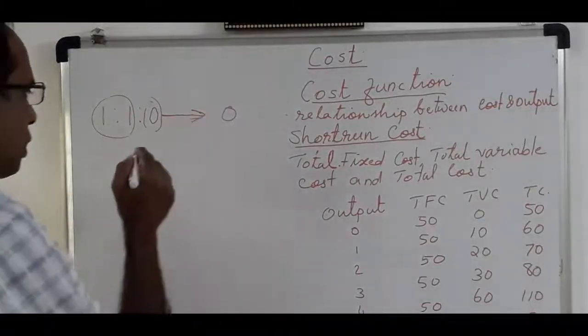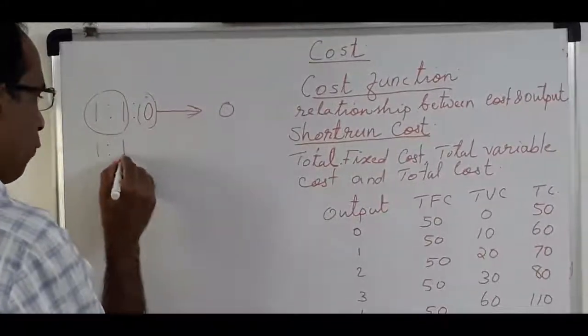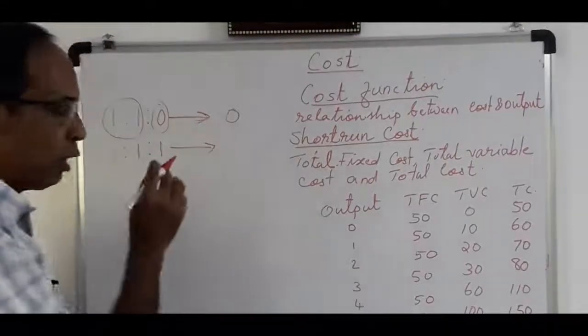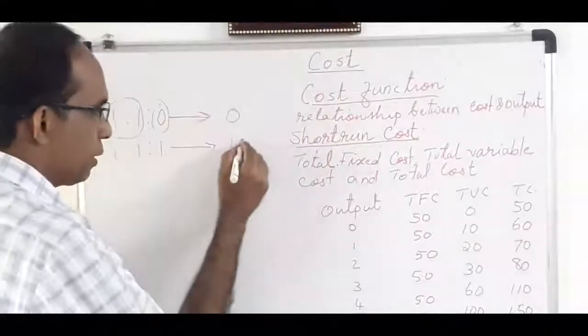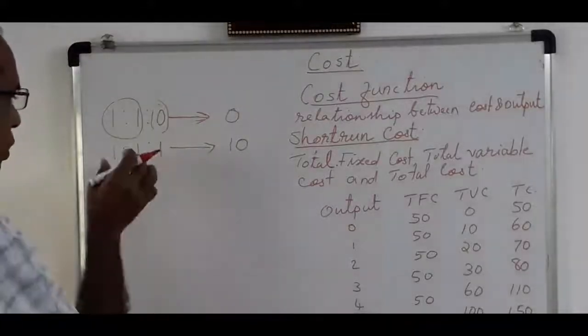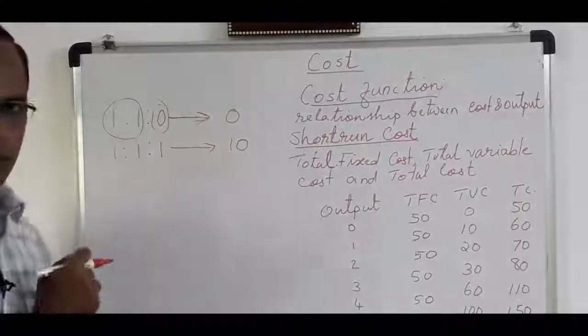And again he increases the outputs. He uses the same level of fixed factor and 1 kilogram of, suppose in a bakery, wheat flour, and produces 10 breads, right? Now also the fixed cost is same. Variable cost increases.